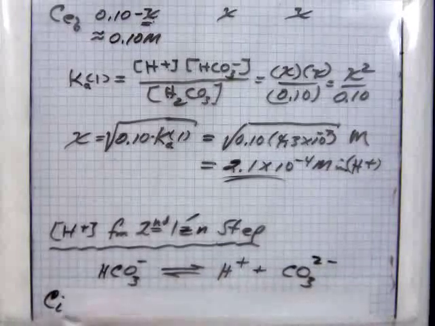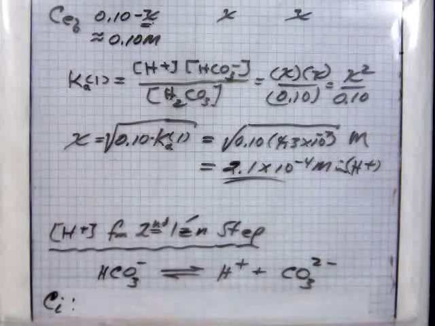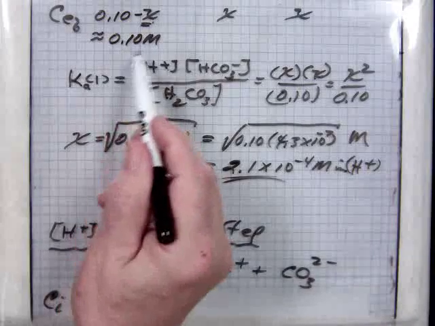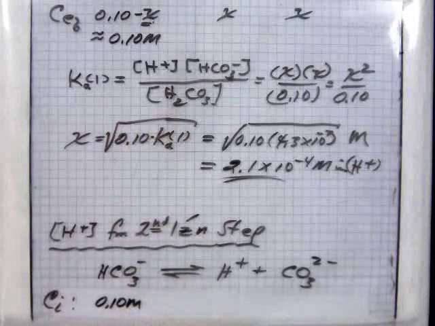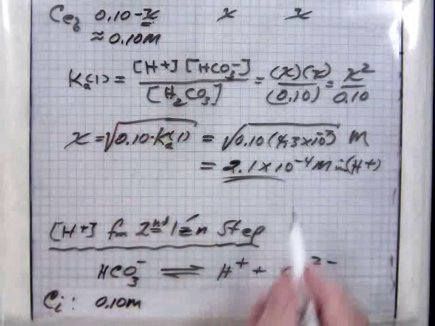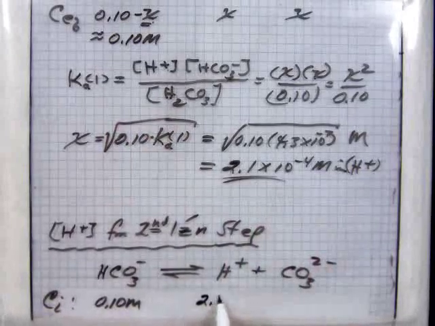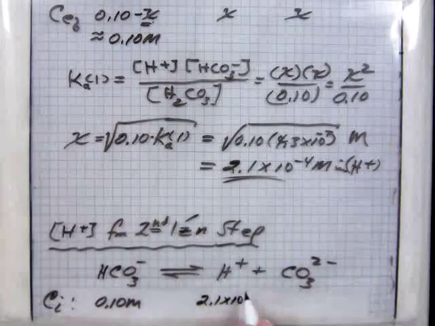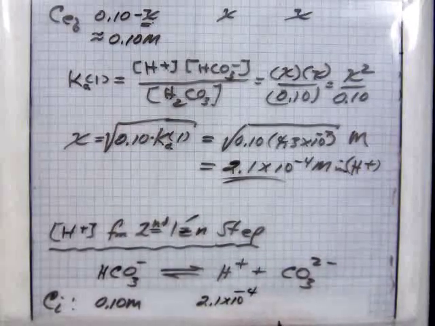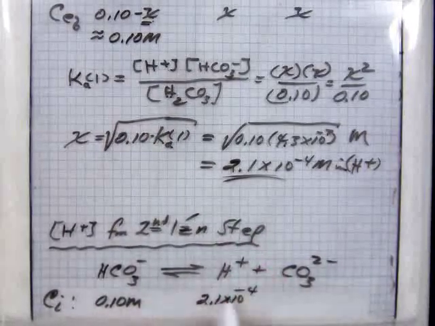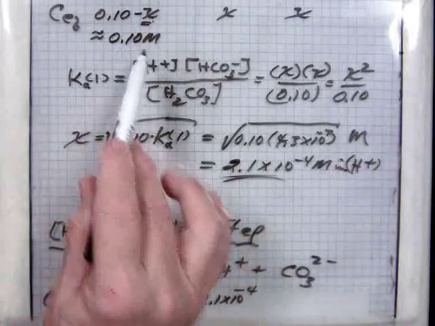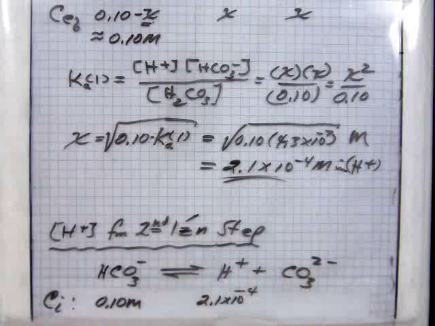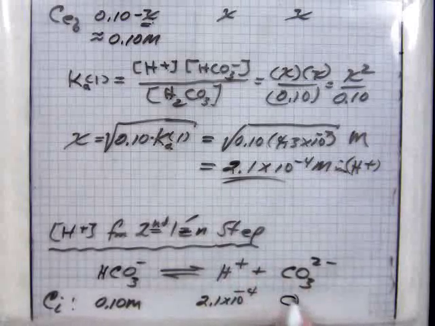Well, the initial concentrations would be, and we're still at 0.1, right there. And the hydrogen is 2.1 times 10 to the minus 4. And so whatever the carbonic acid you started with and the hydrogen, you put those two down. And the unknown will be over here.